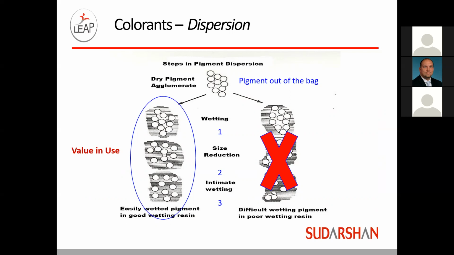And then once it's there, that dispersion is then stable so that you enjoy all of the value that you get from that pigment. Too often do we see that some of these areas aren't necessarily optimized, and you don't necessarily get the most that you can out of each of the pigments that you have in your systems.